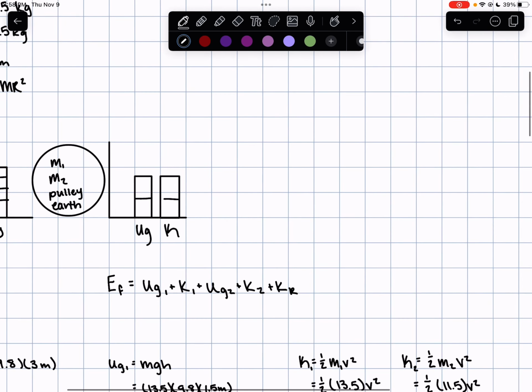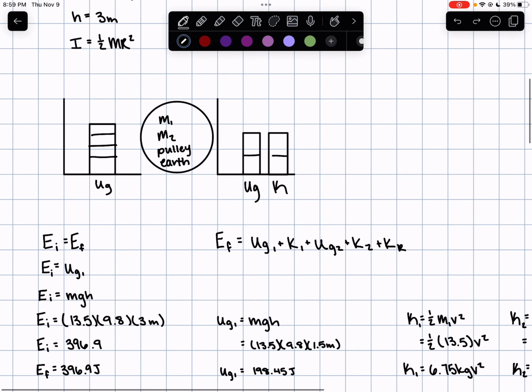So we can also say that the final energy is equal to the potential energy of mass 1, the kinetic energy of mass 1, the potential energy of mass 2, the kinetic energy of mass 2, and what most people tend to forget, and what I struggle with remembering, is the rotational energy. That is a big part that we need to add on, otherwise we will not be getting the right answer. Personally, when I first did the problem, I forgot about it, and it led me down a wrong path, and it's a bush you don't want to go into.